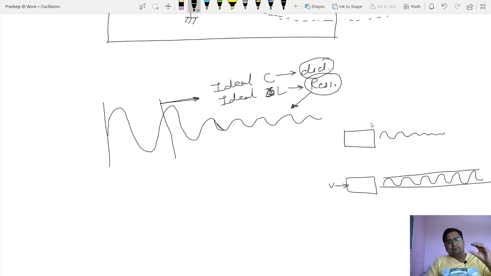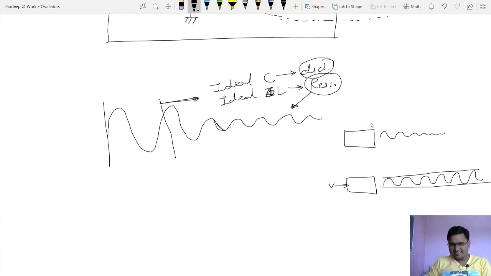After some time, we have to provide some extra voltage just to stimulate the tank circuit. If it degrades, we apply some extra voltage and stimulate the tank circuit, and it will produce sustained oscillations like a train of sine waves. A continuous sine wave will be produced by this tank circuit.